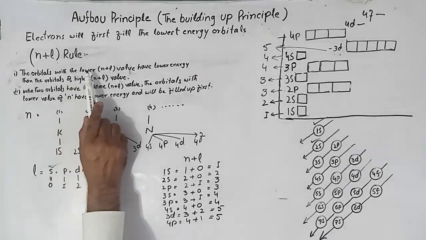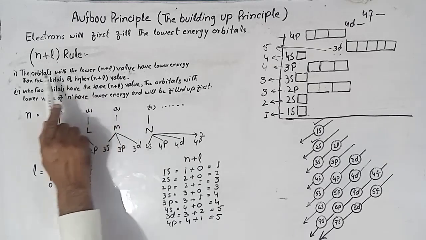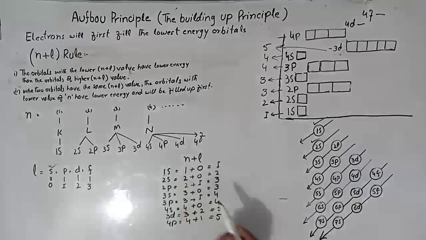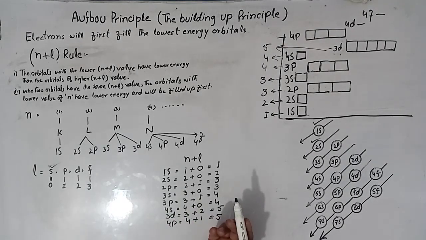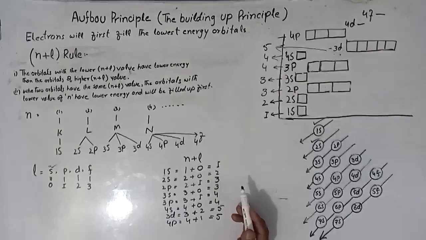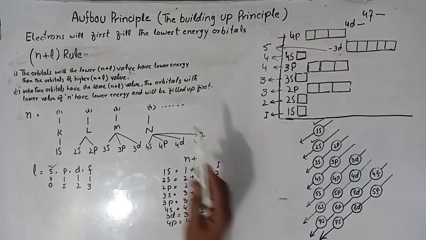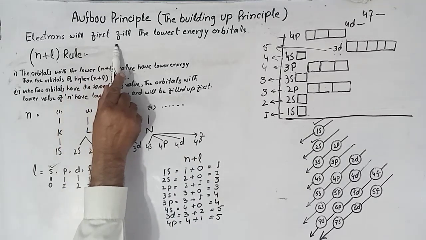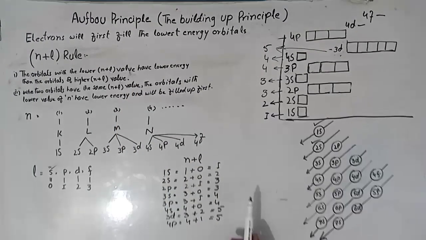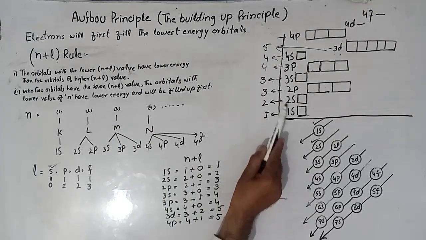Come to the first part, that the orbital with the lower n plus l value has lower energy than the orbital of higher n plus l value. So this one is a lower value, therefore its energy is lower and the electron will first fill 1s, then 2s.